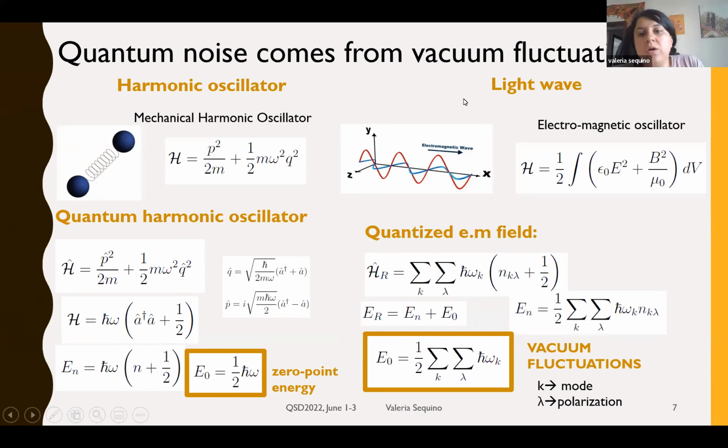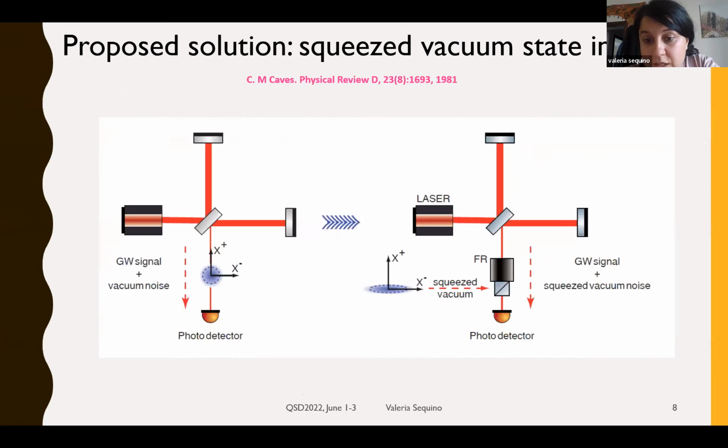There is an analogy with the light wave, with the Hamiltonian for the electromagnetic oscillator, and in the same way we can quantize the electromagnetic field, and we can see that also the zero-point energy for the electromagnetic field is not zero, and there are these fluctuations that disturb the measurement of gravitational waves.